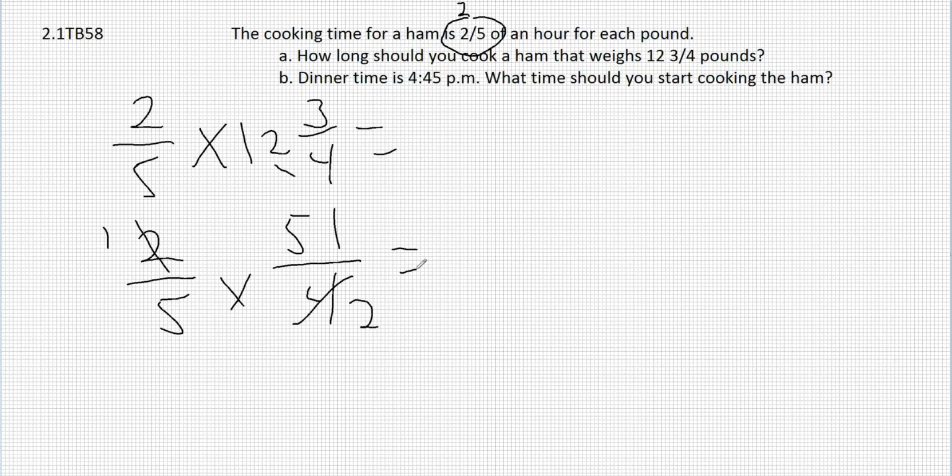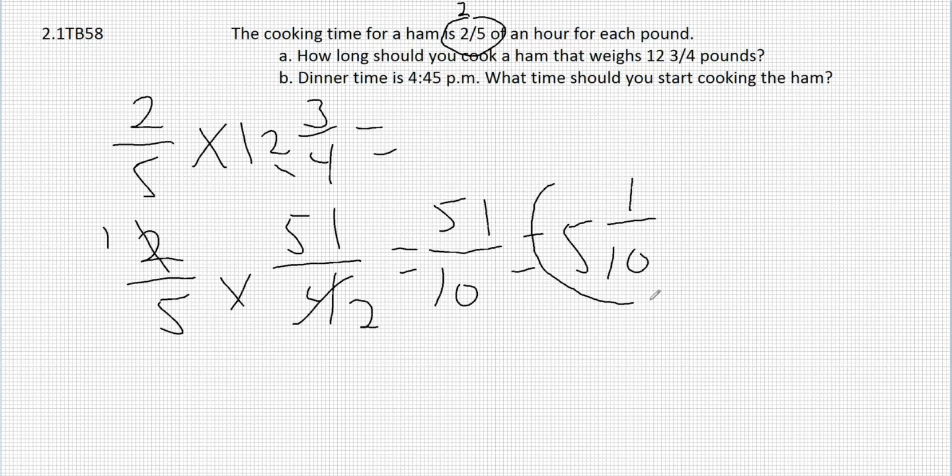And now we end up with 51 over 10, which turns out to be 5 hours and 1/10 of an hour. Now we know that that's the cooking time, and the problem though is what's 1/10 in minutes? It's not like minutes is based on a power of 10 system.